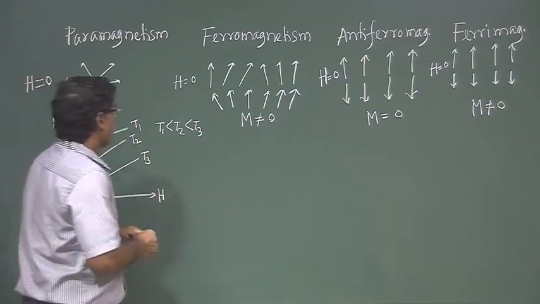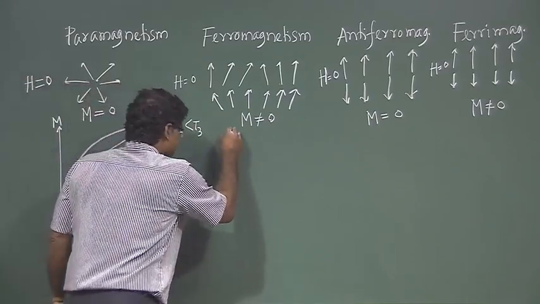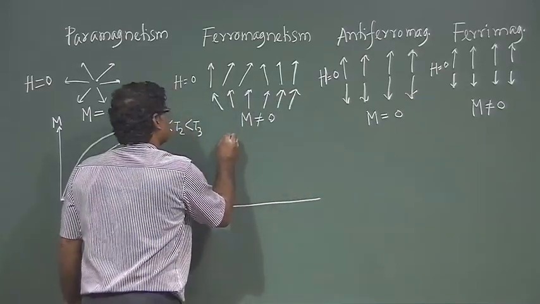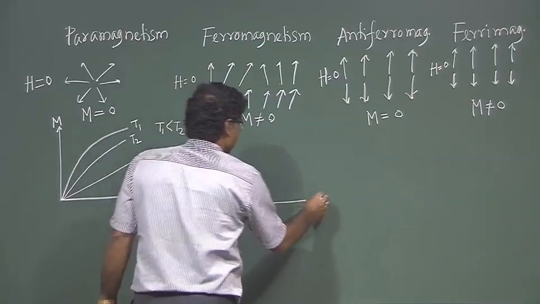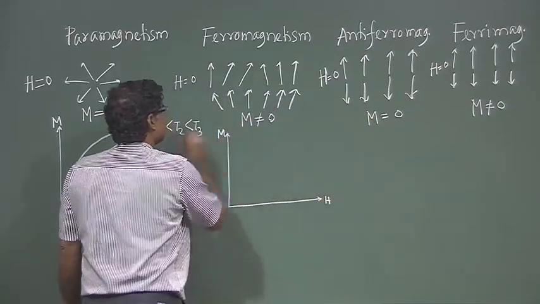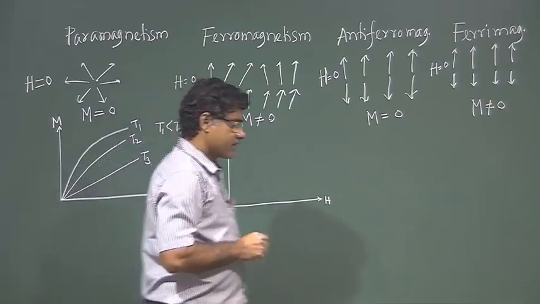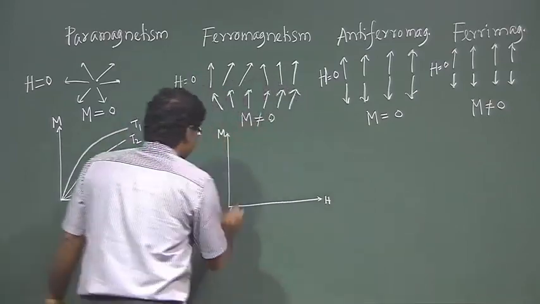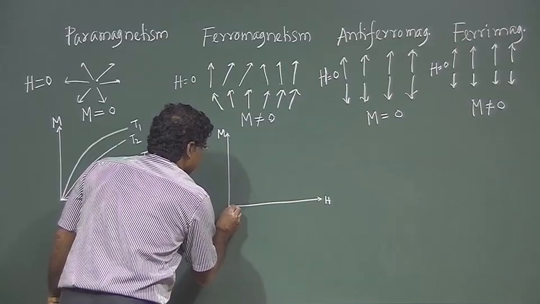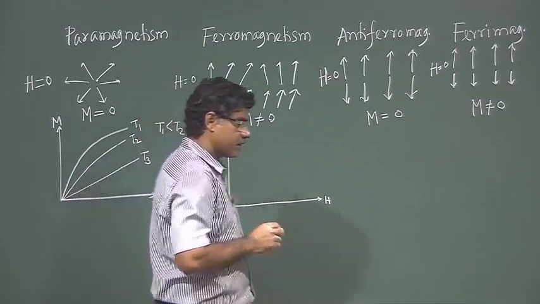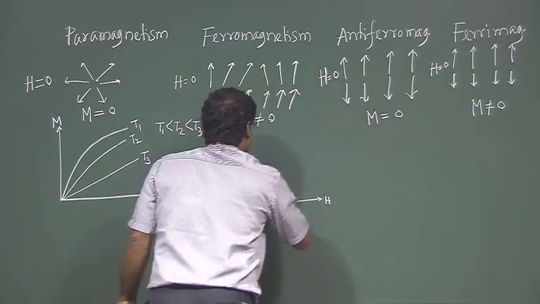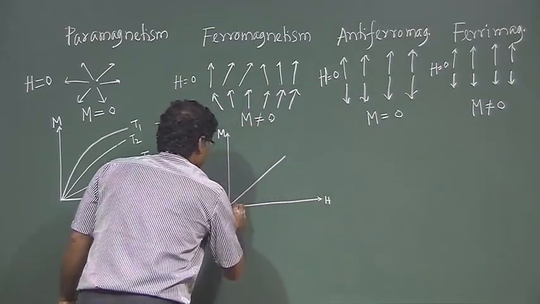In this case, with H and magnetization, if it varies like this, I can take one straight line.